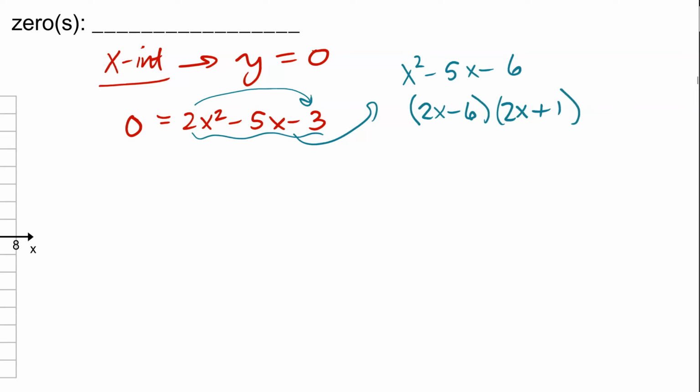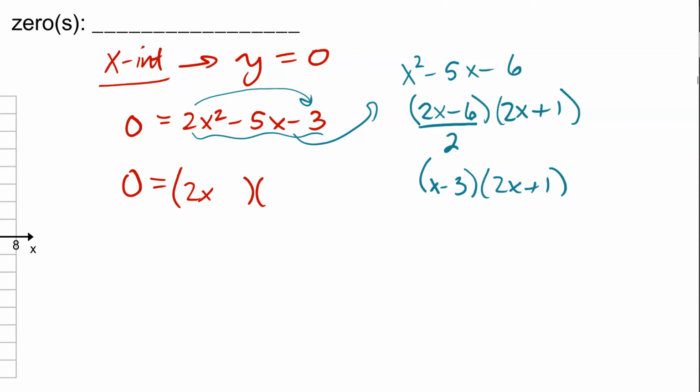And then this is the trick. Notice there's a factor of 2 I can divide out. So it turns into x minus 3 times 2x plus 1. That's one way of doing it. Or, if you don't like that, you could say, okay, the only numbers that multiply to 2x squared are 2x and x.